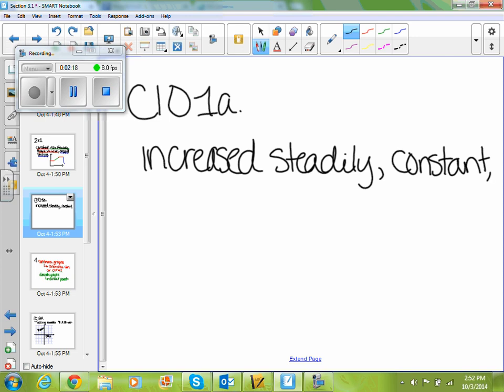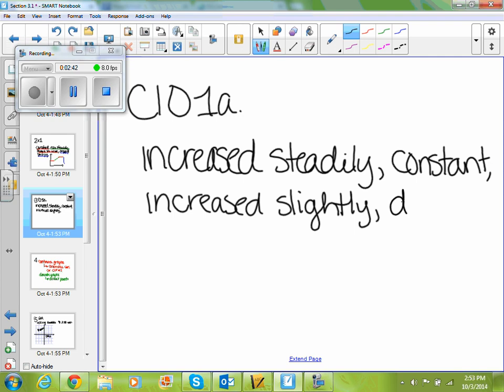So there's my keywords for the first sentence. Second sentence says at the end of the day, the temperature increased slightly again before dropping. So it increased slightly. And then it said it dropped sharply.